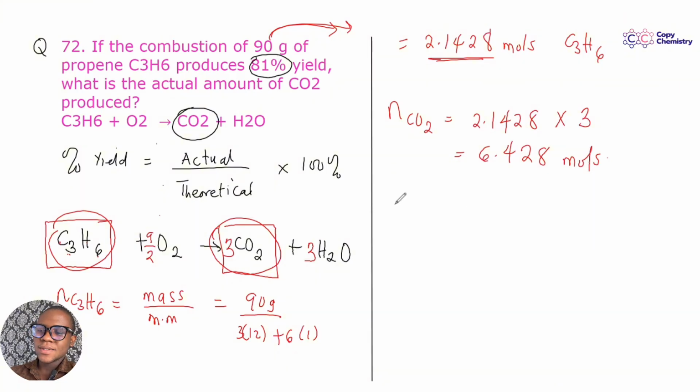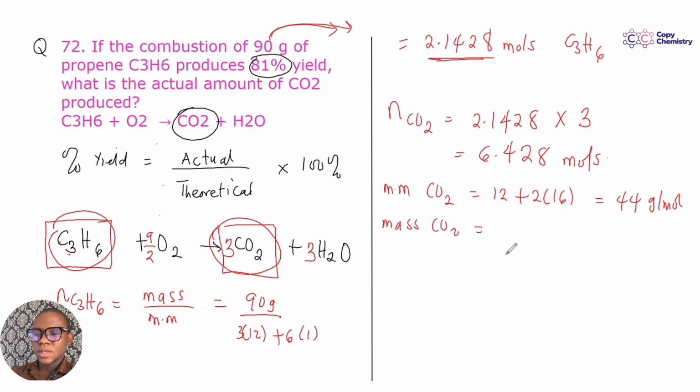Now, can we convert that to mass? First off, the molar mass of CO2 would be 12 plus 2 multiplied by 16. That should give you 44 grams per mole. And if you want to get the mass of CO2 that will be generated, it's just going to be number of moles times molar mass. So that's 6.428, this number of moles here, multiplied by this molar mass that we just calculated.